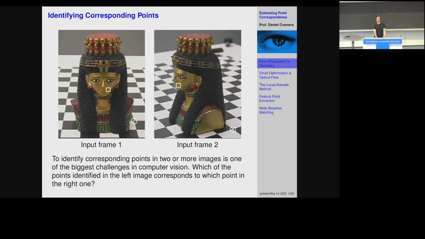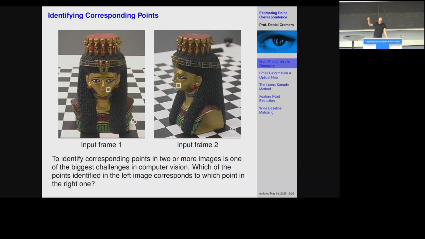No, it's not. It's actually a different point. This point connects to this black square, this point connects to a white square. Since we're looking at it from a completely different vantage point and we have a repetitive structure, it's very easy even for humans to not see the right correspondence.